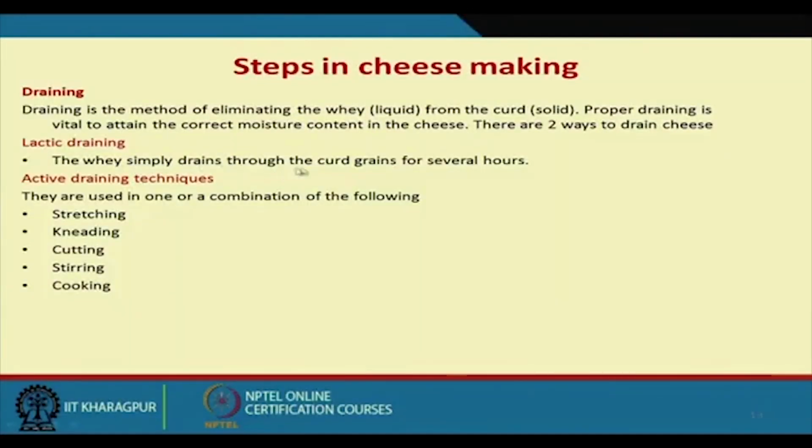Now lactic draining: the whey simply drains through the curd grains for several hours. The active draining techniques use one or a combination of the following: stretching, kneading, cutting, stirring and cooking. These are the different processes through which we can remove the whey from the curd.